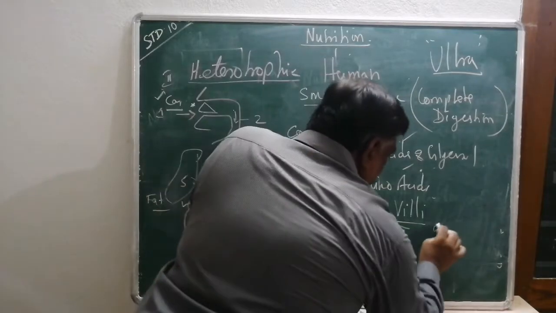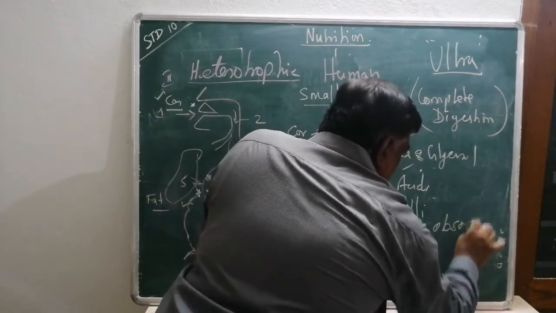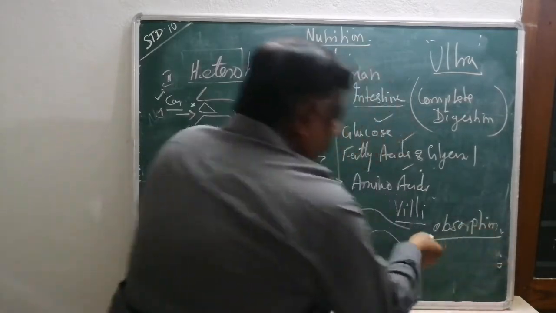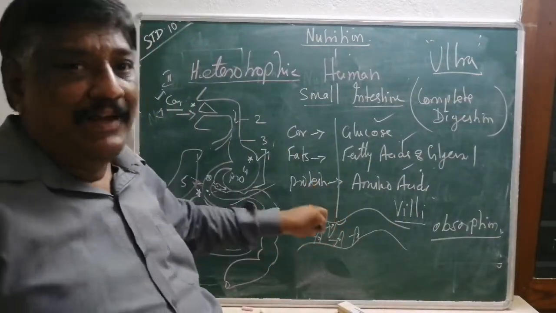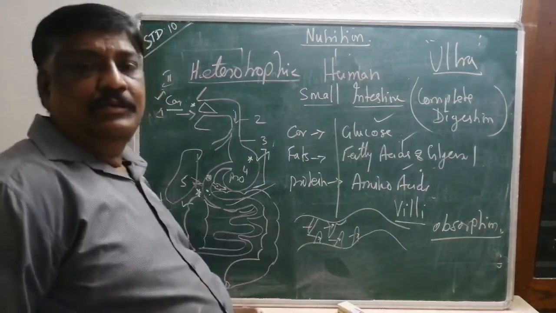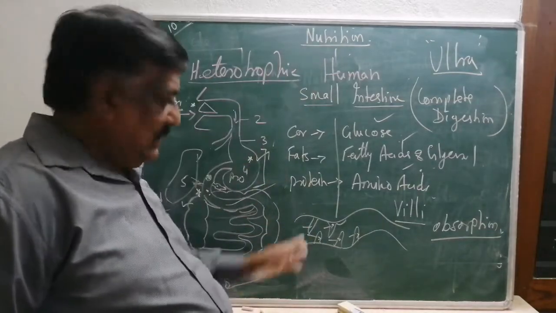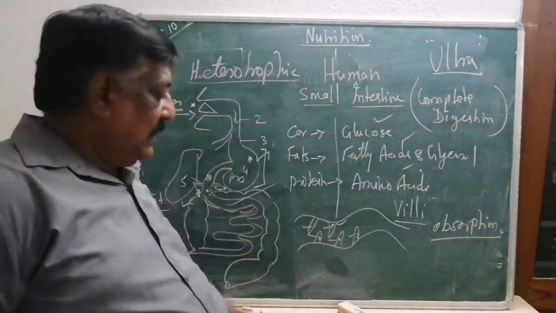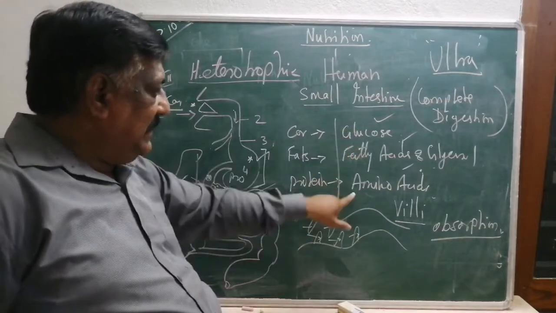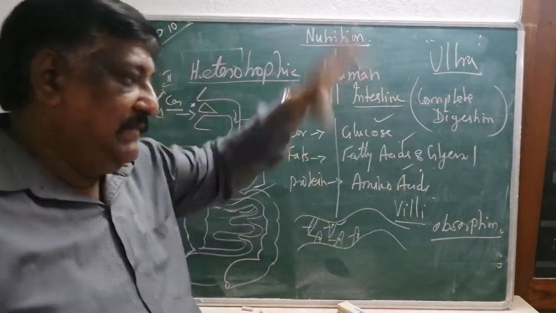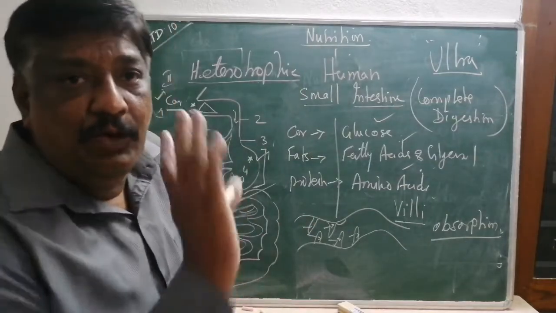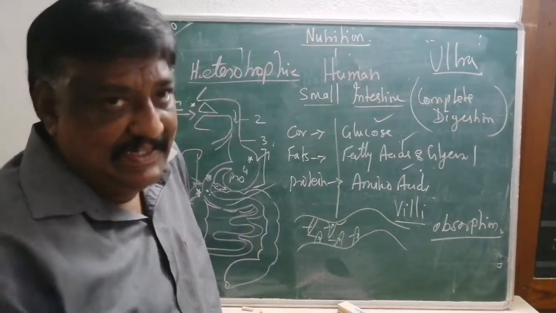This process is called absorption. It is entering into the blood now. Okay, now digestion is over and absorption takes place. The absorbed glucose, fatty acids, glycerol and amino acids enter into the blood, which goes for breaking down and to release energy.